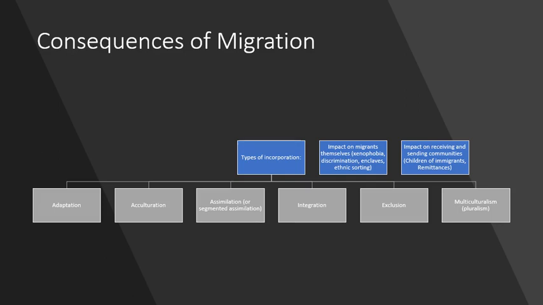And there's multiculturalism, which involves allowing people to maintain their cultural practices and beliefs, even though they've relocated to a new society. Of course, we need to think about the impacts on the migrants themselves in terms of the types of incorporation, as well as on the receiving and sending communities. And they can be profound for both.